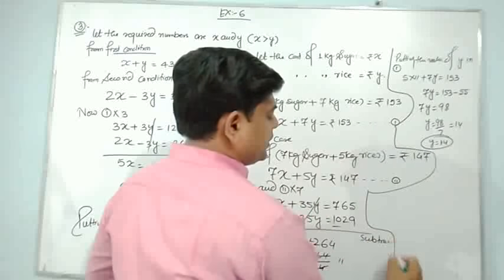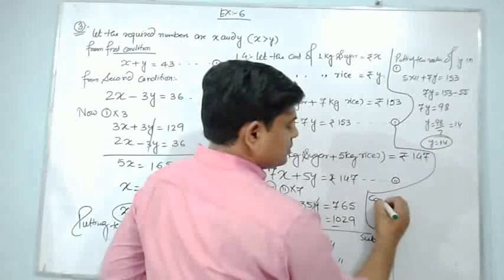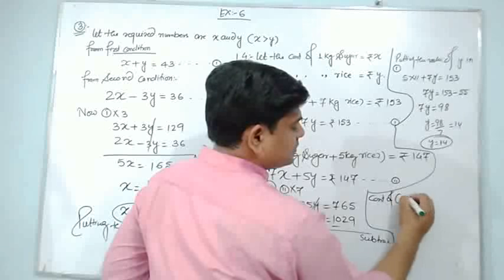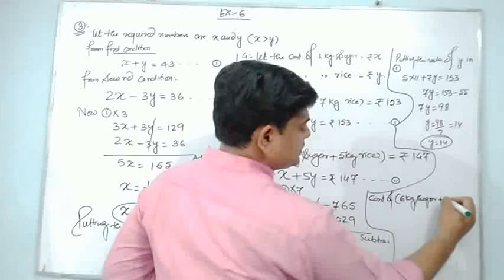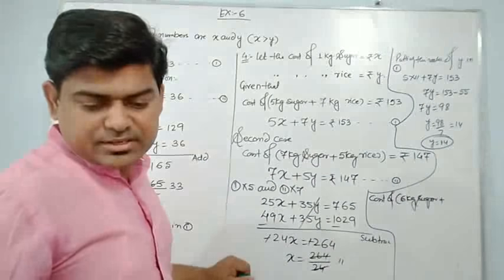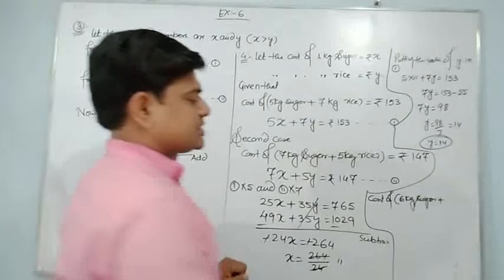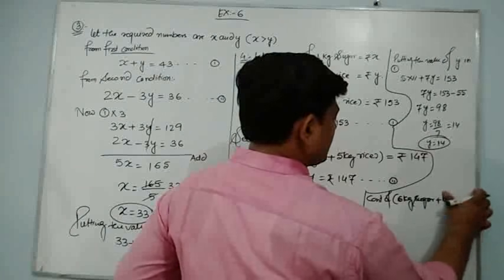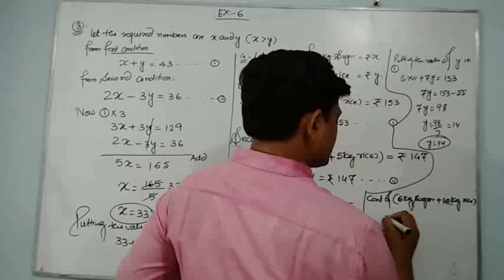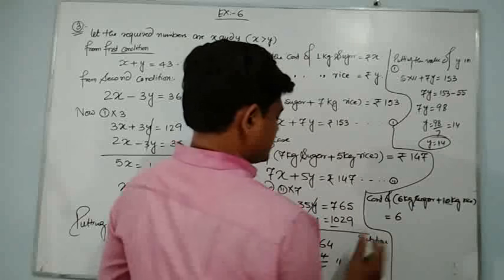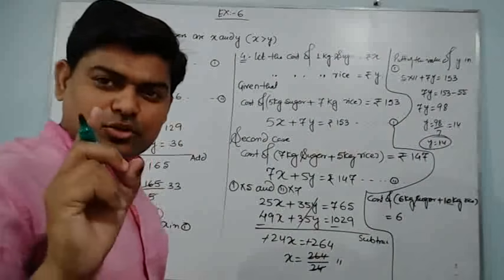Now I am writing here: cost of 6 kg sugar plus 10 kg rice is equal to what? 6 into, what is the cost of 1 kg? Rupees 11.